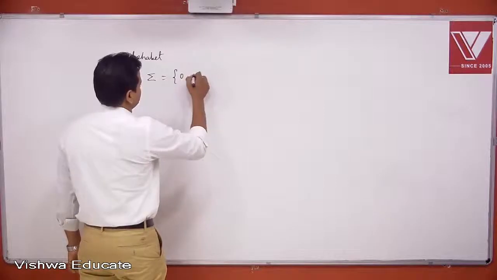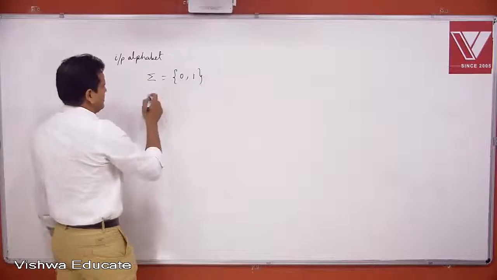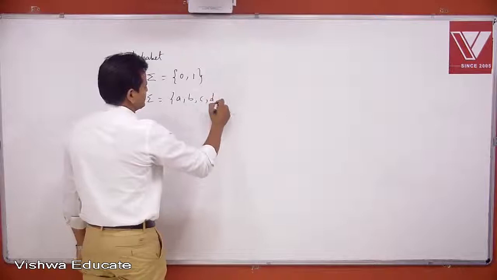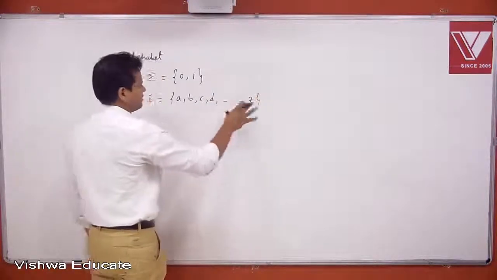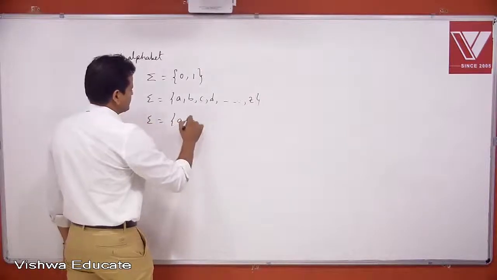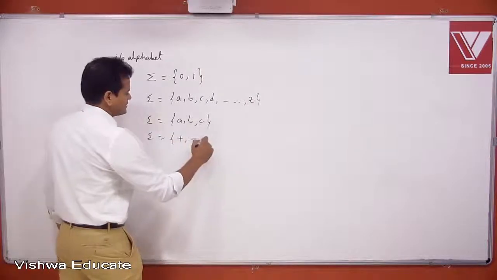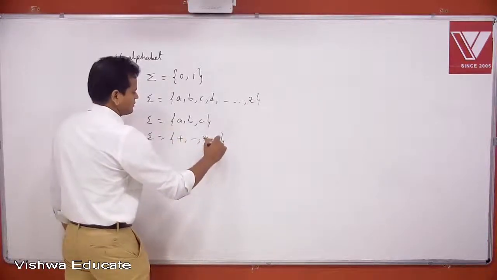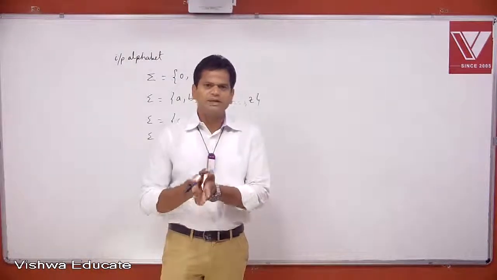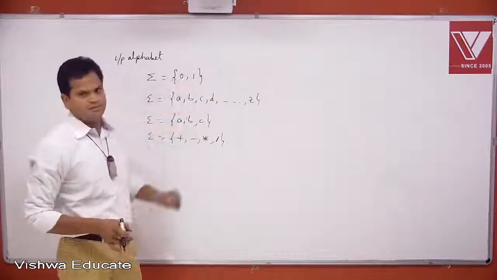For example, 0, 1 is a binary set. Or I can take sigma equal to A, B, C, D, and so on up to Z, all alphabets. Or only a few of them, sigma equal to A, B, C. Or sigma equal to plus, minus, multiplication and division. You can take any elements, but the number of elements in sigma should be finite. This is about the input alphabet.